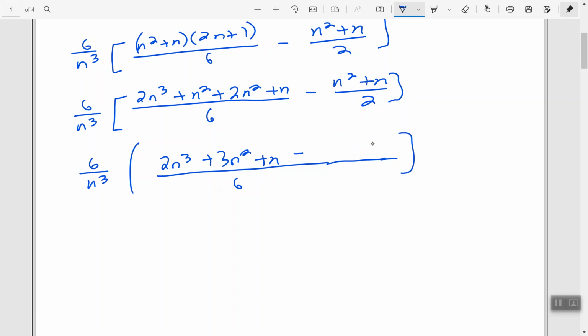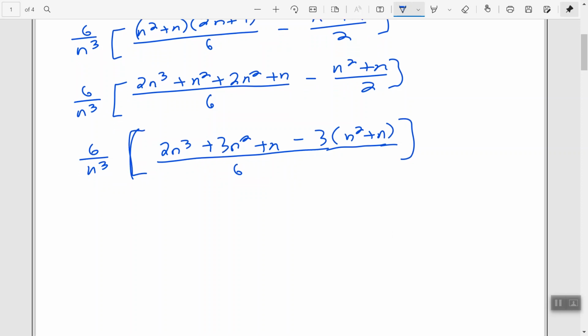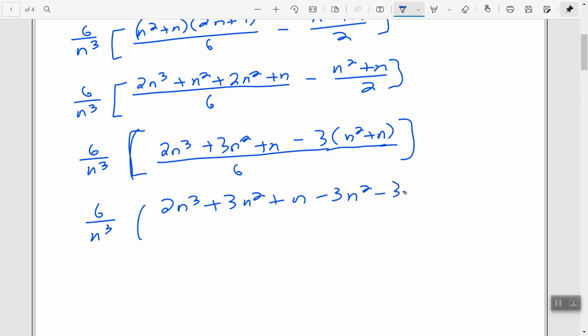Okay, now let's simplify this. So now I have 2n to the third plus 3n squared plus n, distribute the negative 3, so minus 3n squared minus 3n all over 6.